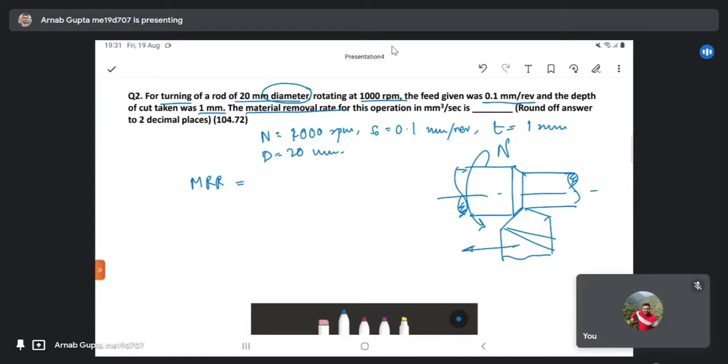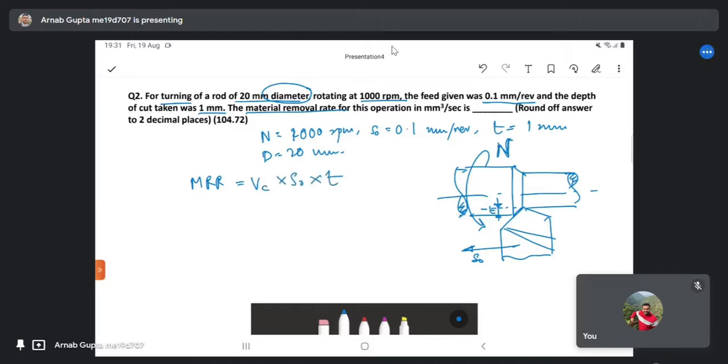This is my feed velocity S naught. This is the depth of cut that I am providing during the machining operation, and this is the rotational velocity or angular velocity. We know MRR is equal to cutting velocity Vc into S naught into t, right?